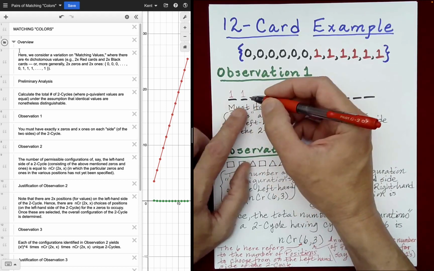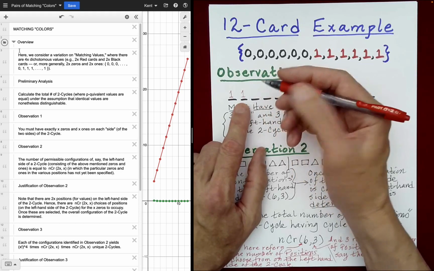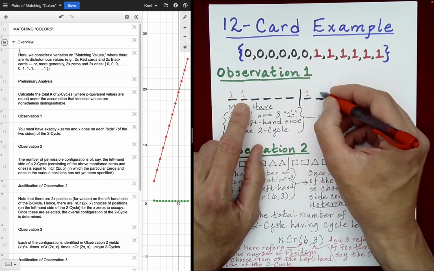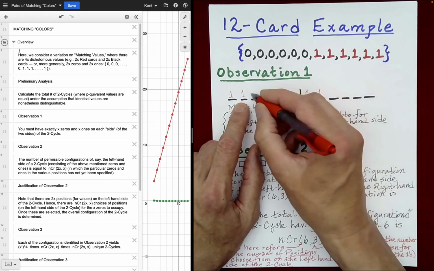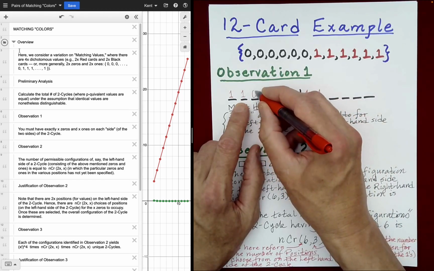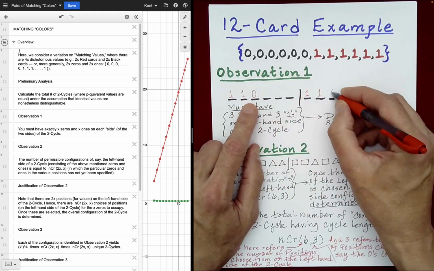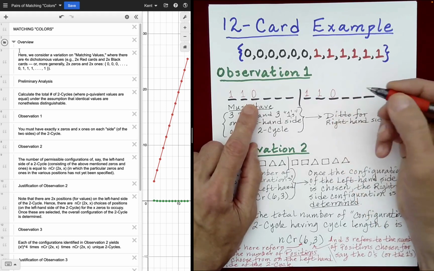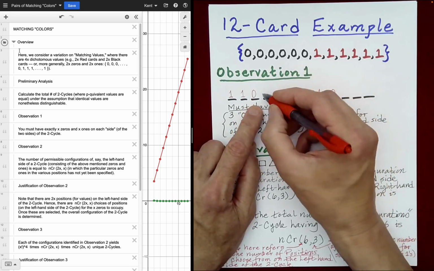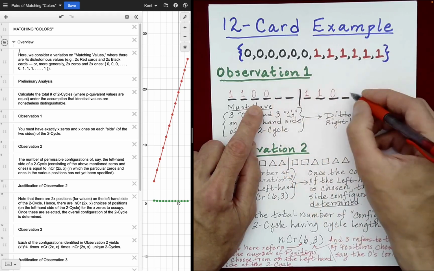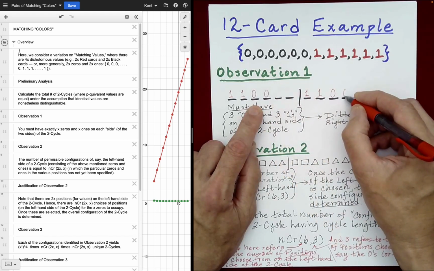But if I do that, for it to be a 2-cycle relative to these dichotomous values here, I'd have to have a 1 here. Maybe I put a 0 over here. Well, that forces me to put one of the zeros over here, okay? And I could even have another 0 here, which would force me to have a 0 here, okay?